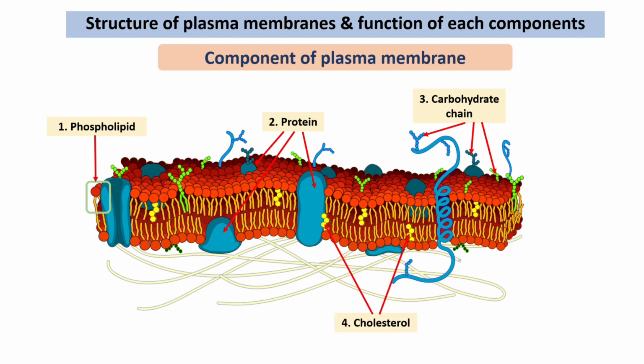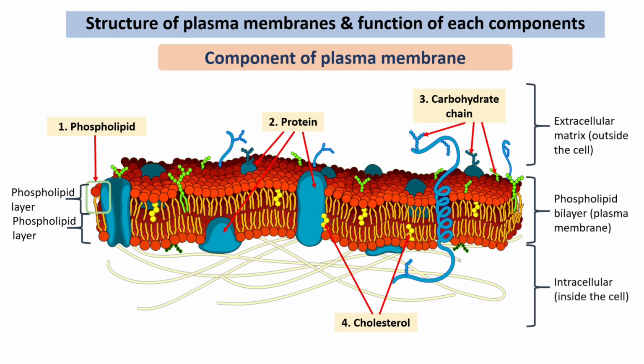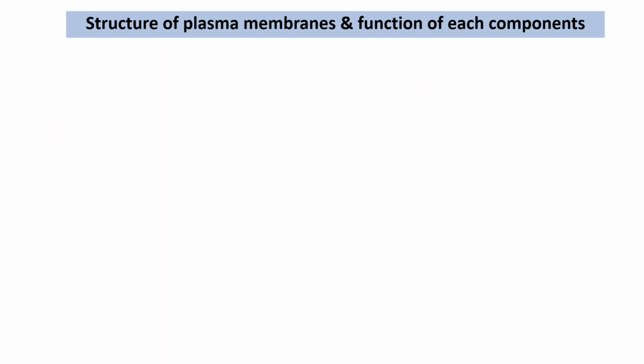The plasma membrane is a phospholipid bilayer, since it is made of two layers of phospholipid. The phospholipid bilayer acts as a barrier between the extracellular matrix and the intracellular. Let's discuss details about the structure and function of each component in plasma membrane.